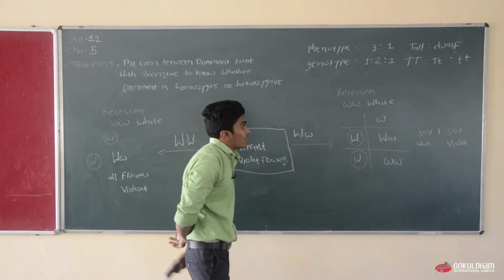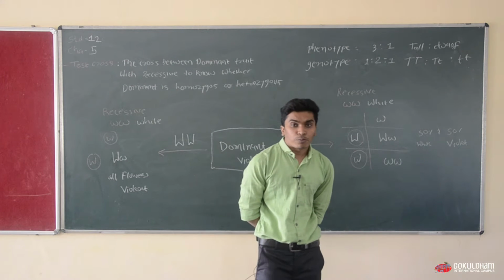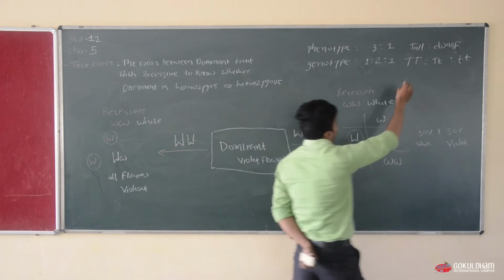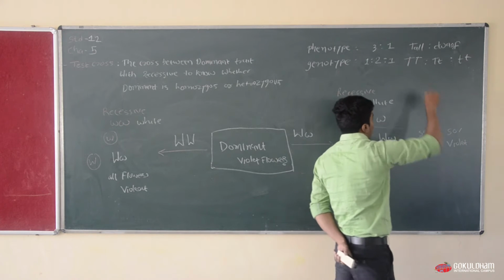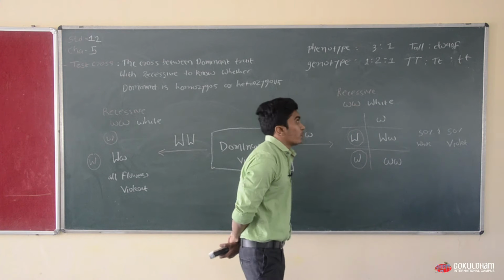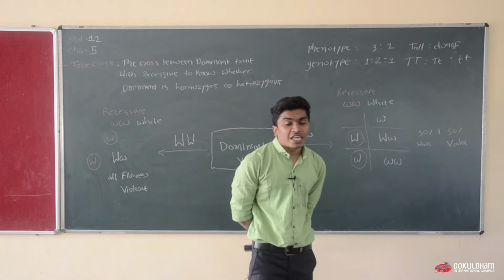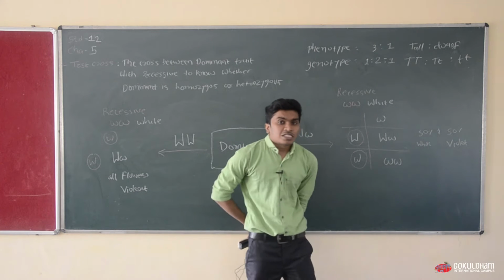And there are 3 types of genotype we get in the F2 generation, which are capital T capital T, capital T small t, and small t small t. On the basis of this genotype, we can determine the phenotype of a particular plant.